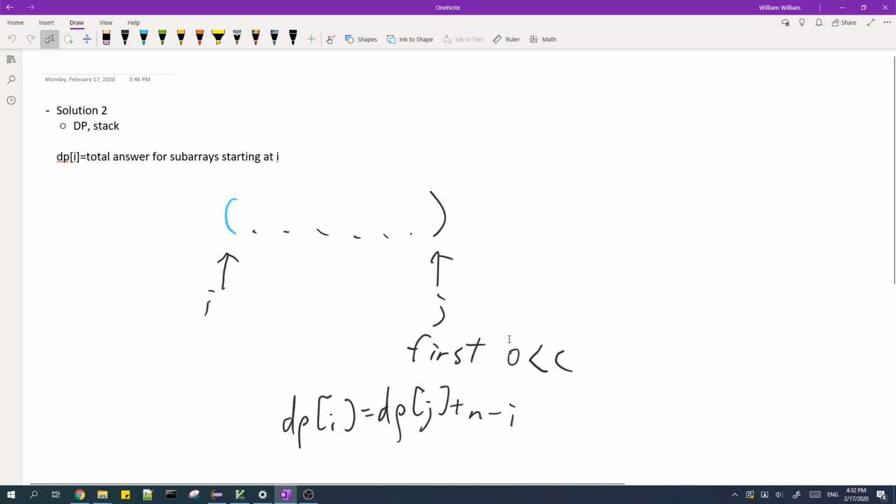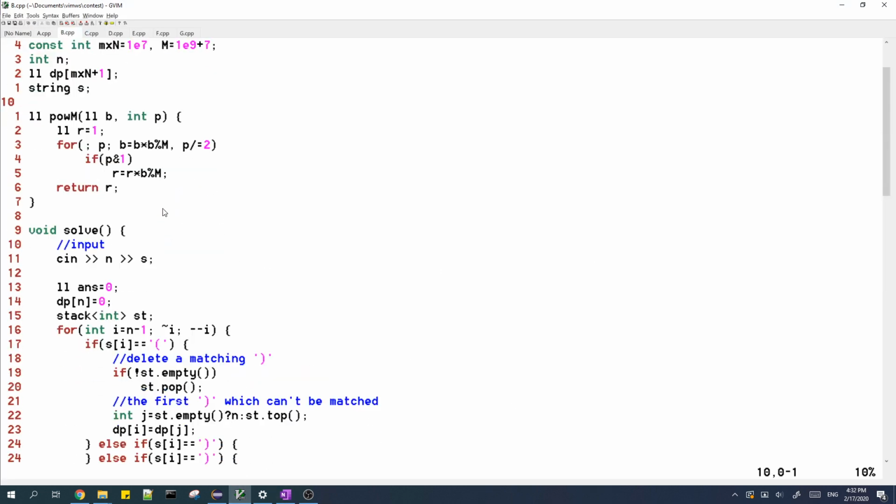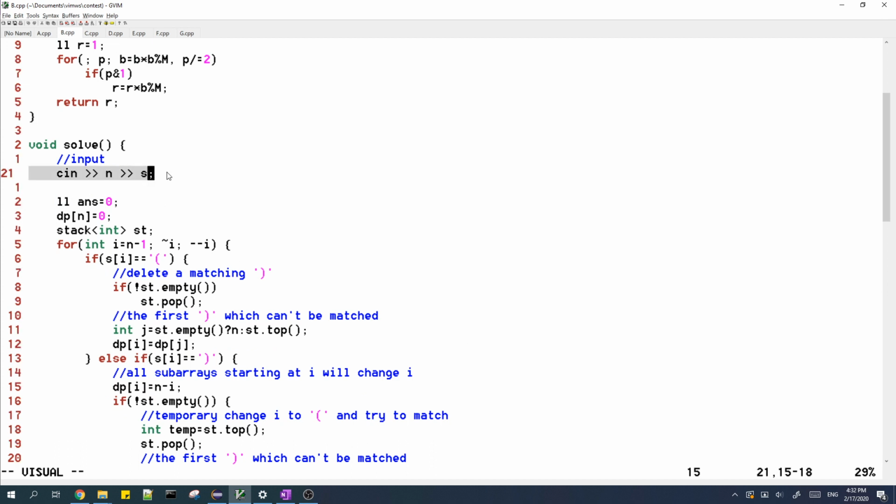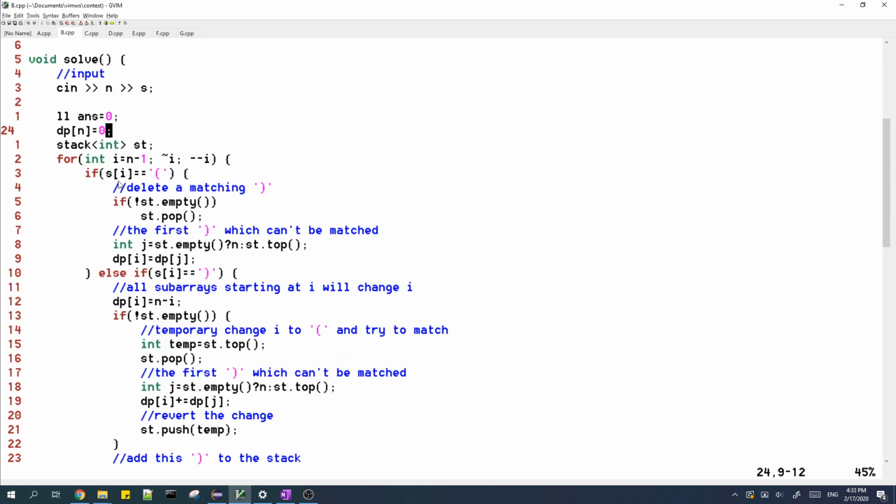Okay, so for the code, I have my input here, and dp of n is just defined to be 0, and then we process over the cases. In our stack, we store the closing parentheses which aren't matched yet. If our new character is an opening parenthesis, we try to delete a matching closing parenthesis.